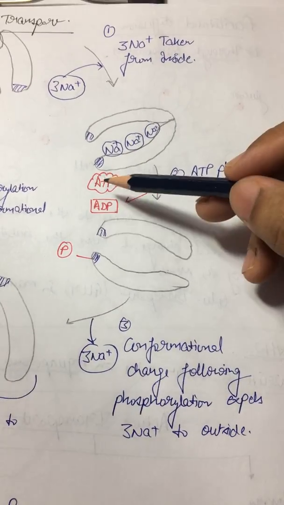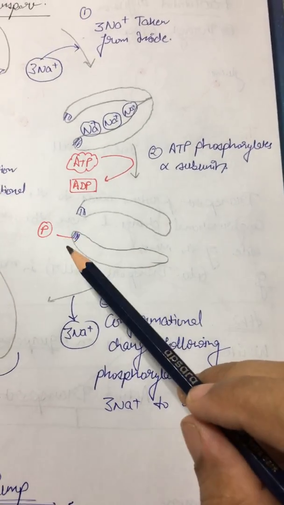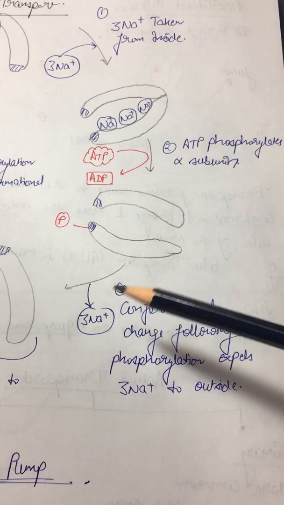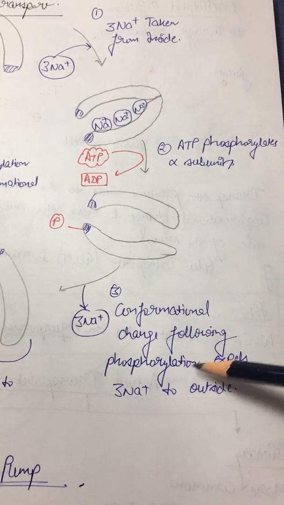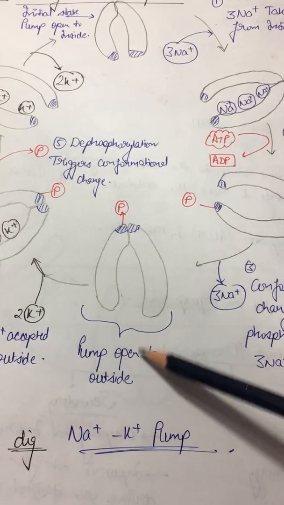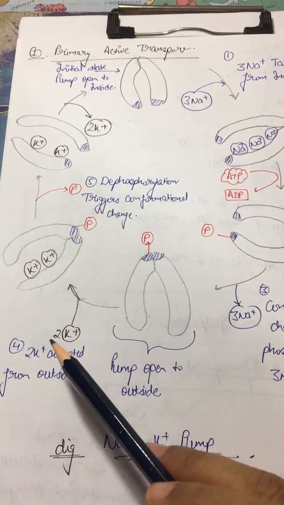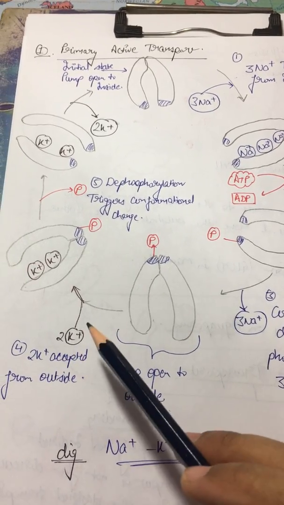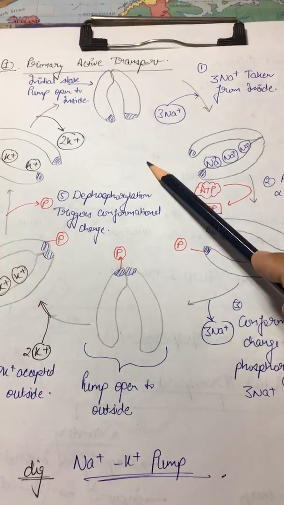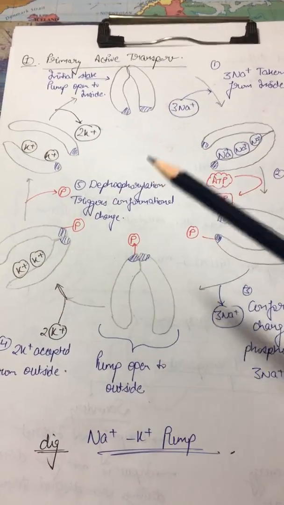A phosphate group will bind to the alpha subunit of the protein, which leads to a change in the conformation of the protein, so that the 3 sodium ions get expelled outside. The pump will open to the outside, and 2 potassium ions will be accepted from the outside. So 3 sodium is getting out and 2 potassium is getting inside in this process.